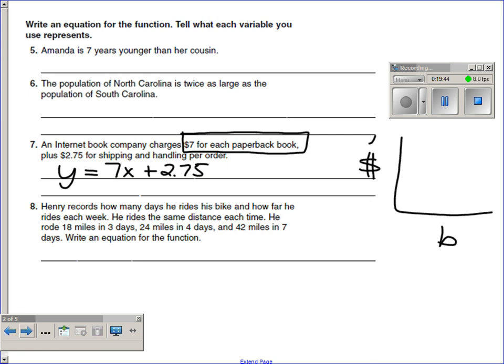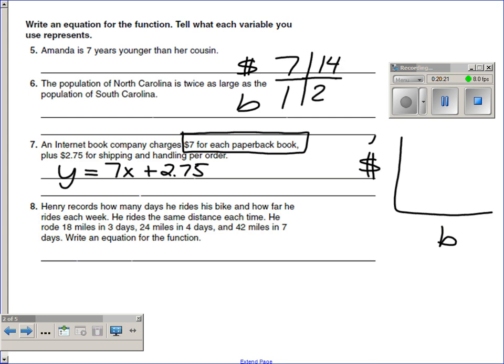Let me state it one more time. $7 for one book. That's okay. We learn from our mistakes. Everybody agree that it's $7 for one book. Dollars per book.